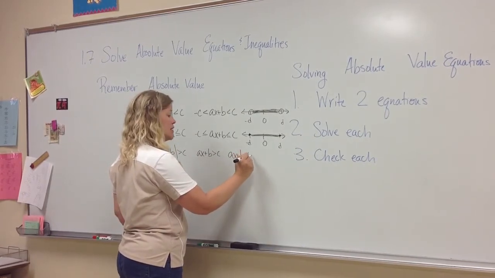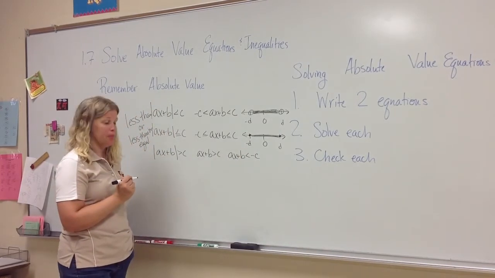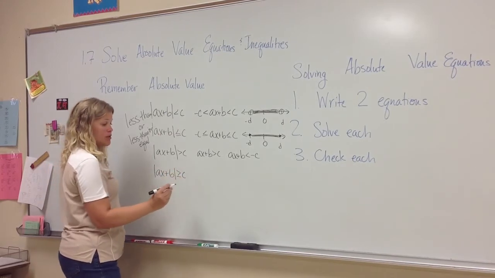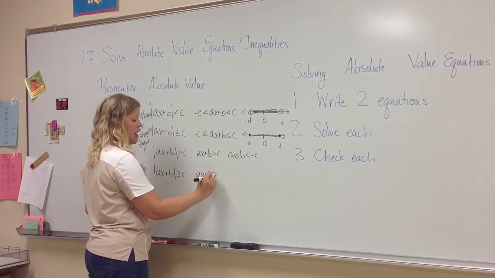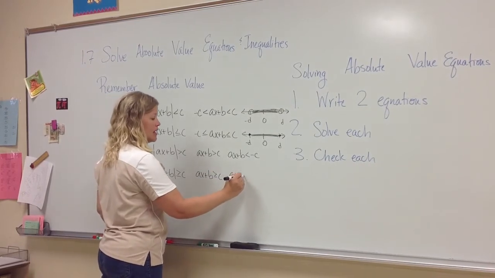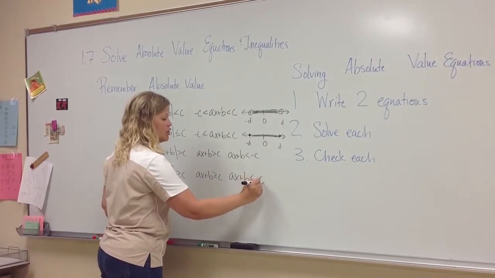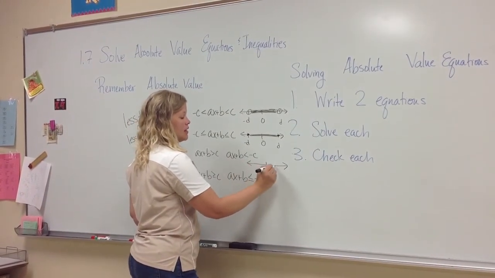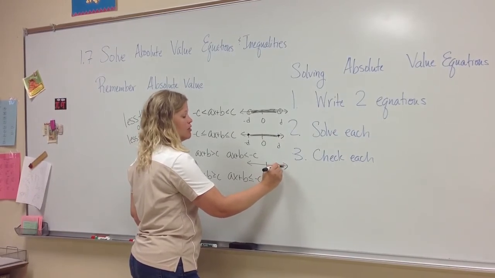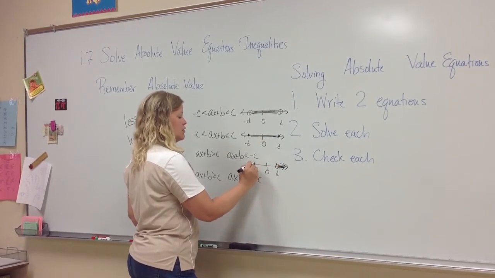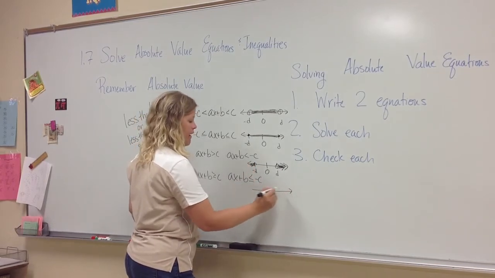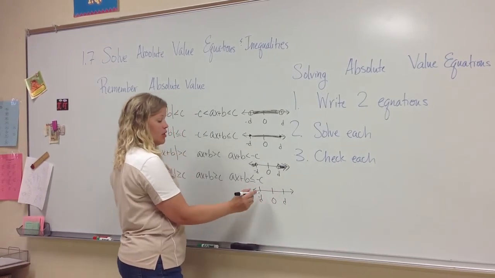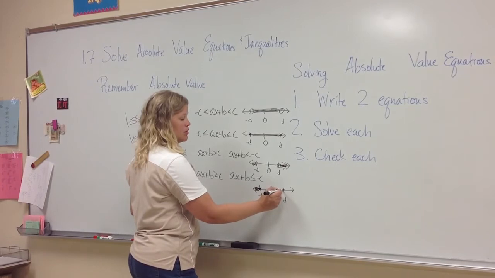We're going to write less than the negative of C. If you have greater than or equal to, you rewrite what you've got, and then remember your second one, less than or equal to negative C. When you graph these, this is the kind that should have them shooting out in opposite directions, whether you have open circles, or in the case of or equal to, closed circles.